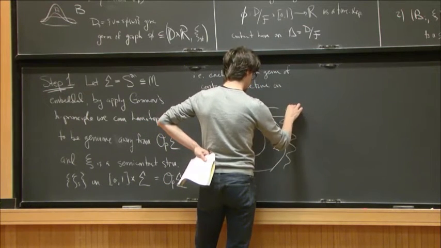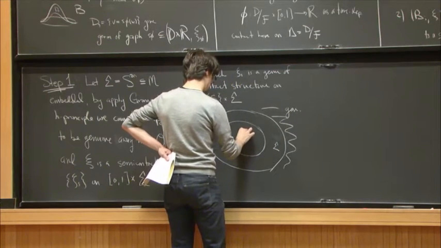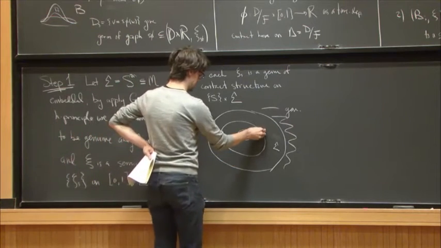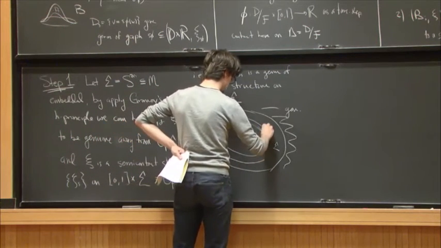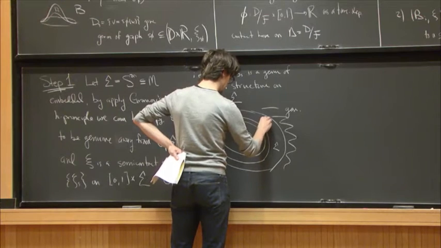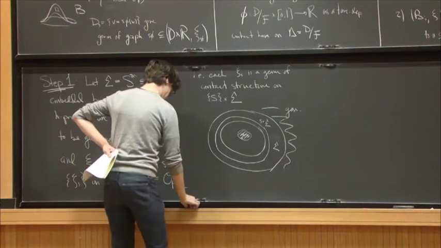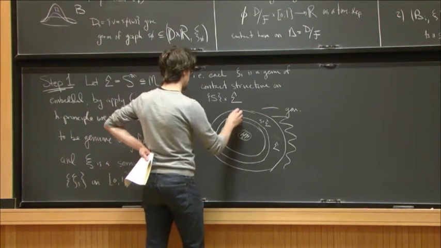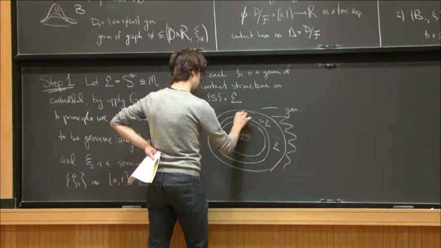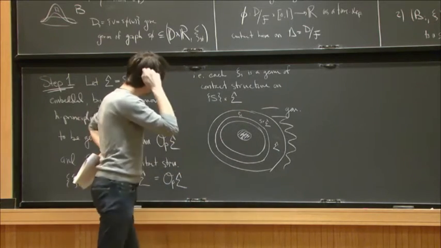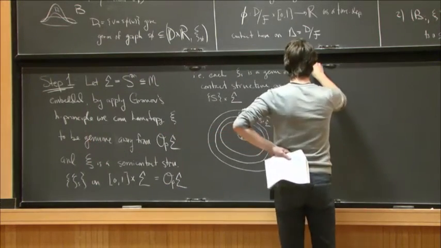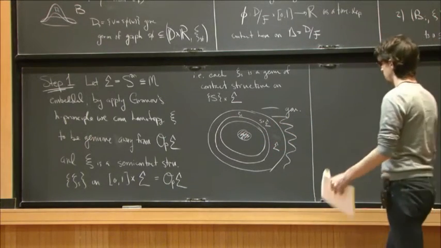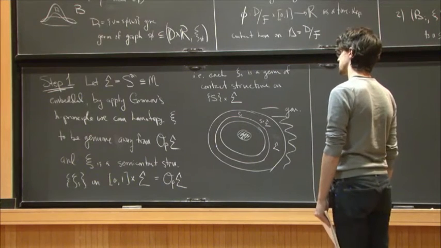So it's genuine here, and then on this foliation in between, we have a germ of a genuine contact structure on it. So we have this SCS. All right, so that's fine.